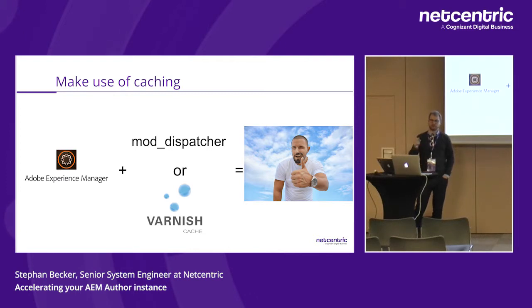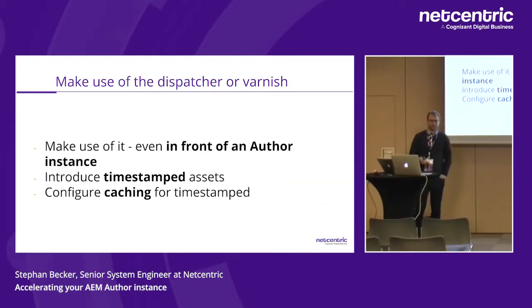At Daimler, we're using time-stamped assets for almost everything, which allows us to cache everything, except some dynamic data. So this is really awesome because we have a huge cache even in front of the author system, and we can offload a lot of things which would impact end-user performance in that sense. So make use of it even in front of an author instance.